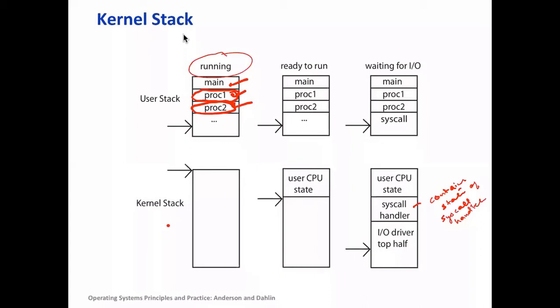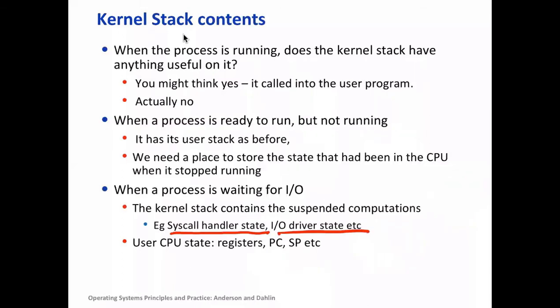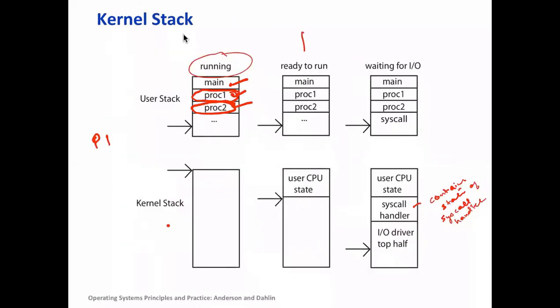The kernel stack corresponding to this process, say let's assume running process P1, so kernel stack corresponding to P1 is empty. Now let's assume that it has moved out because of some time slice, it has run for sufficient time, and then it will move from running to ready queue.